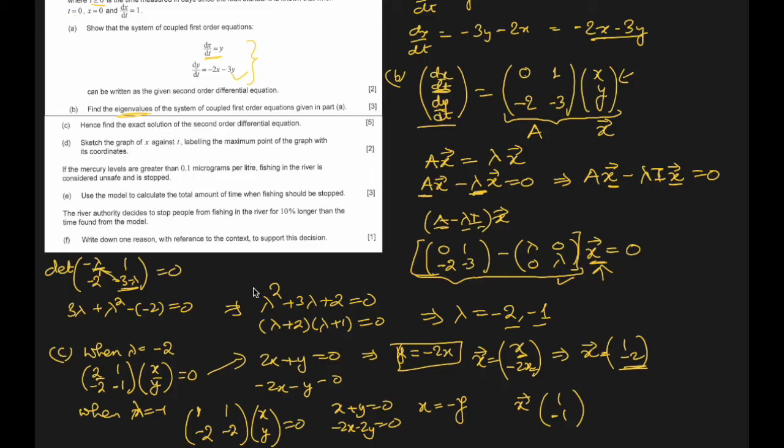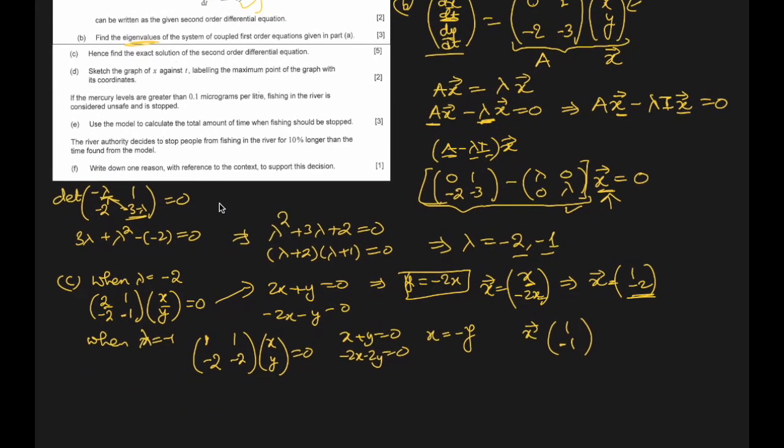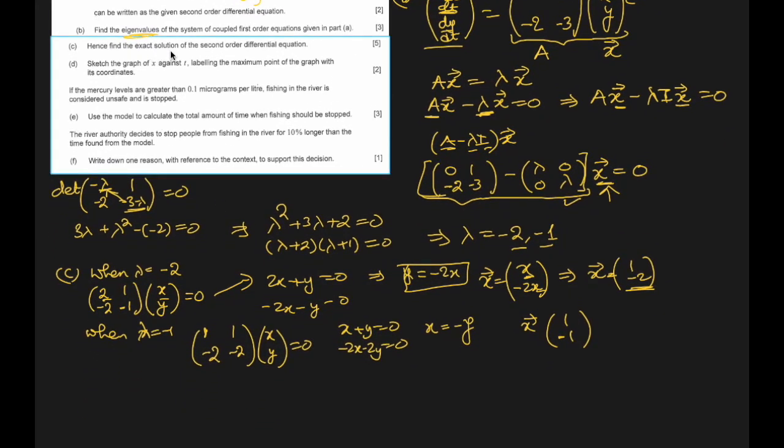Now we can write the solutions, right? That's what it's saying. Hence find the exact solution of the second order differential equation. That was the equation for us, and we will just substitute this, and straight away we can write the answer like this.